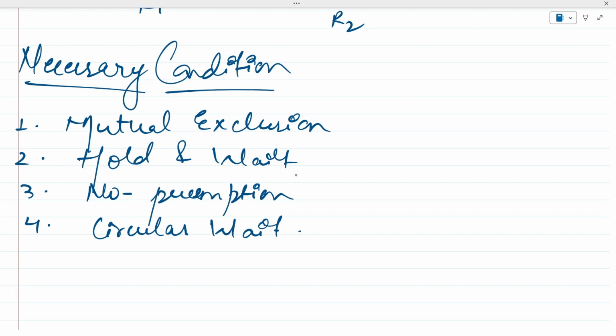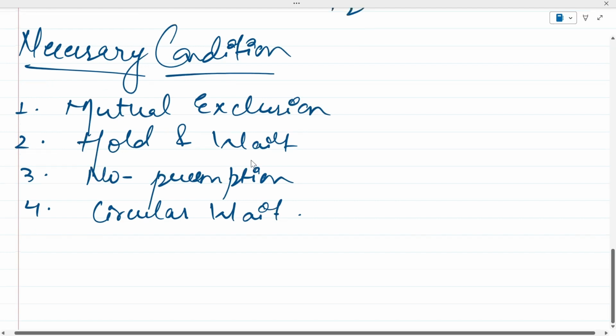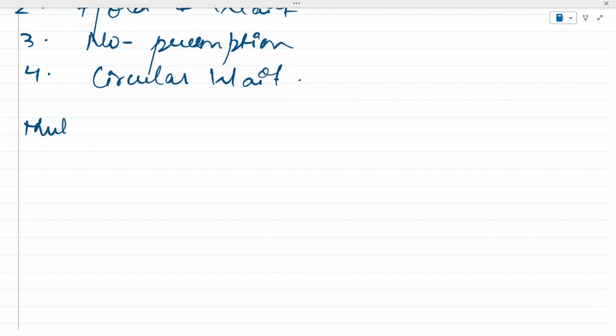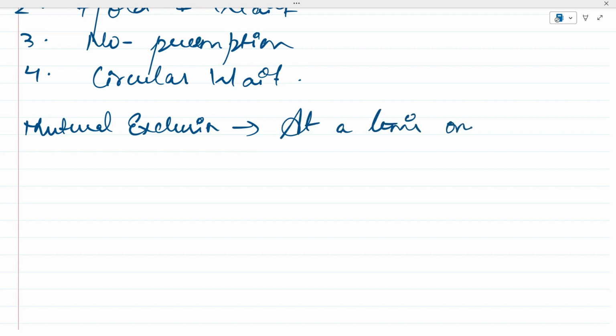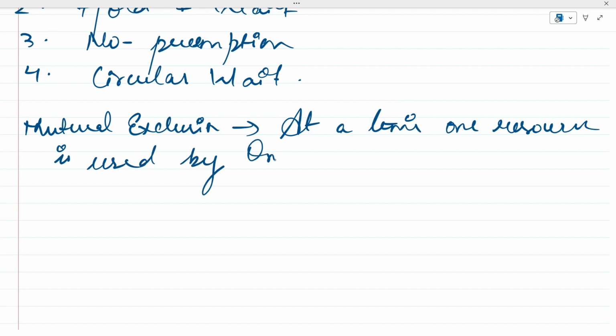So what is mutual exclusion? Basically, it says that at a time, one resource is allocated to only one process. One process can have at most one resource at a time. This is mutual exclusion. It says that at a time, one resource is used by only one process.